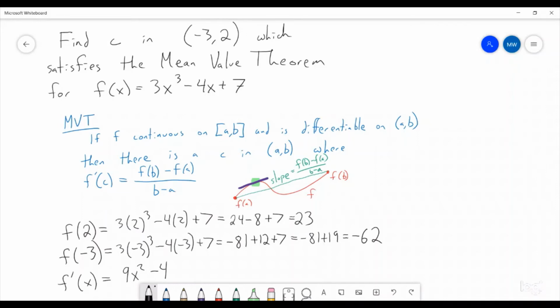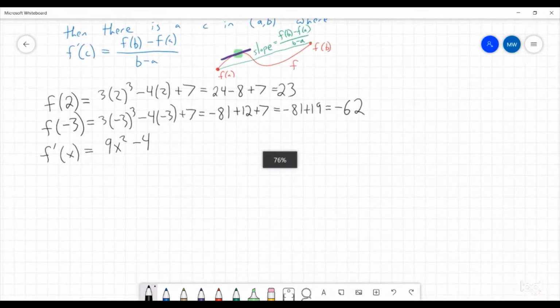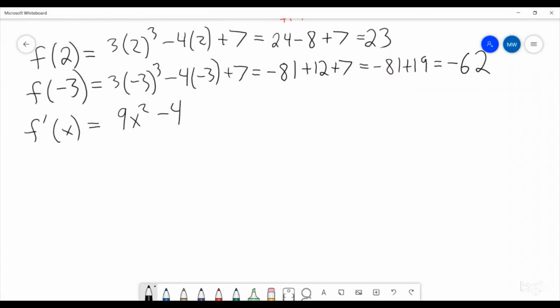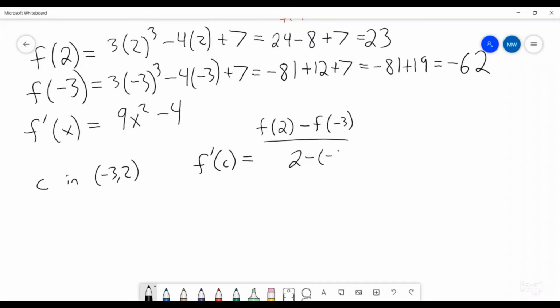And then f prime of x is going to be 9x squared minus 4. Now that we have all of this together, let's piece it together to see what the mean value theorem tells us. The mean value theorem says that there is a place c in the interval from negative 3 to 2 where f prime of c is equal to f of 2 minus f of negative 3 all over 2 minus negative 3.